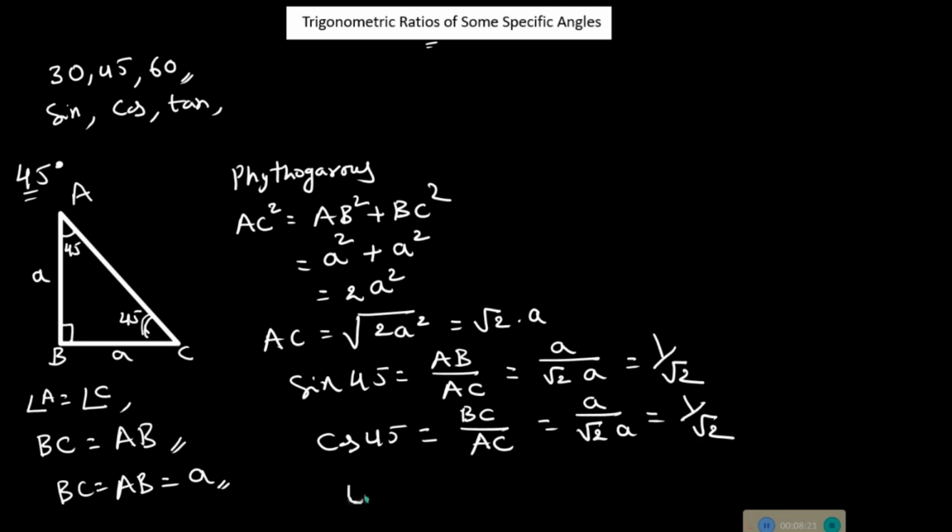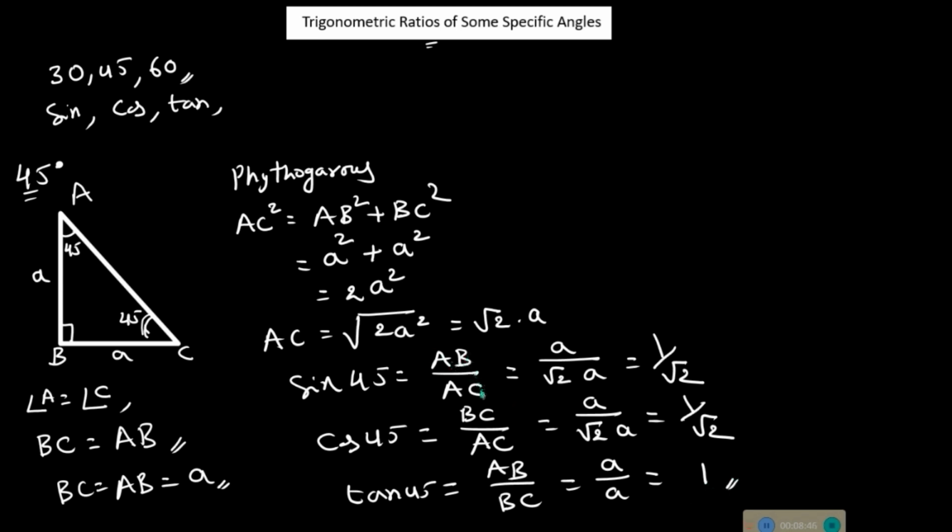Similarly, if you do it for tan 45, what is tan 45? Opposite side by adjacent side. What is the opposite side for the 45 degree angle? It's AB, right? And the adjacent side is BC, okay? So that becomes a by a, which becomes 1, okay? Now we know the three ratios.